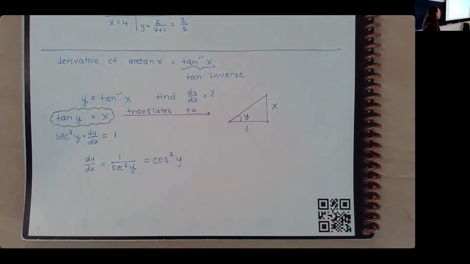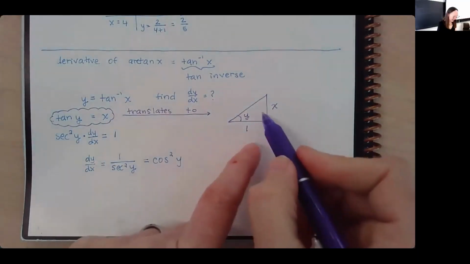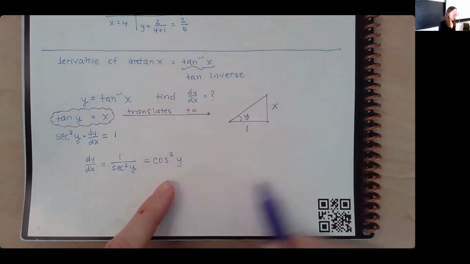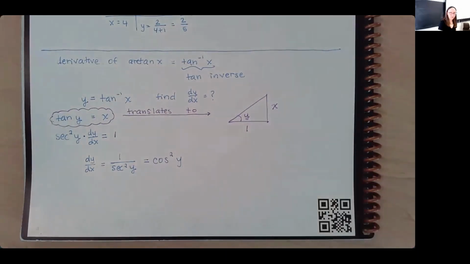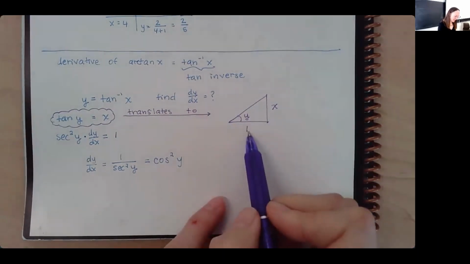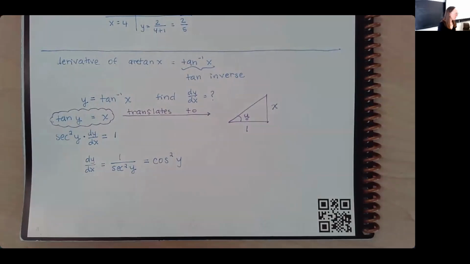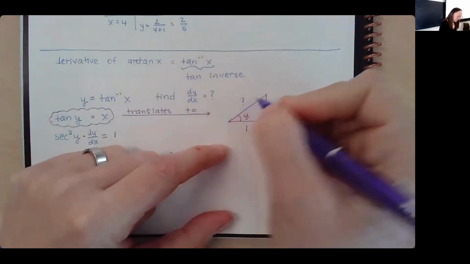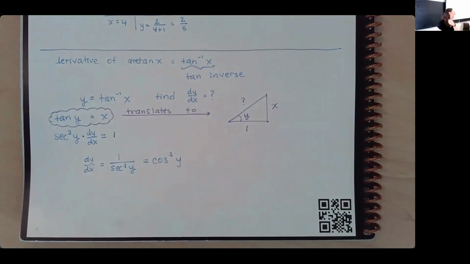Now that I've got my picture, I need to translate that back to what cosine of y is. So if I look at this picture, for cosine, I need the adjacent side and the hypotenuse. Well, we didn't have the hypotenuse before, but we can get it from the Pythagorean theorem.